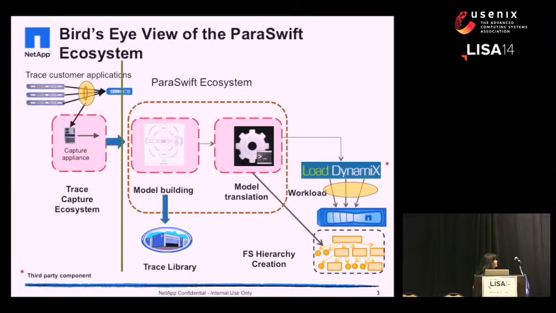This is NetApp storage or any other storage to which the requests are going, and this yellow thing is the switch which is serving these workloads. The capture appliance sits in the network, does port mirroring on the switch, and collects all the traces. This is right now limited to NFS v2 and v3. So it collects NFS traces into this appliance, and this gives you a whole set of traces that we collect from our customers or internally within NetApp.